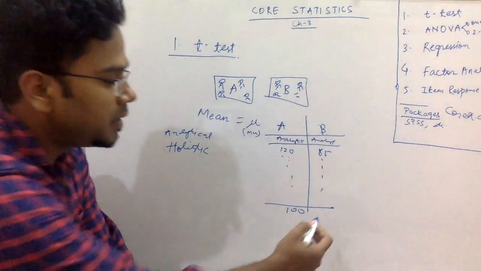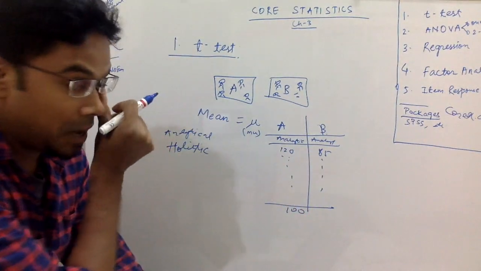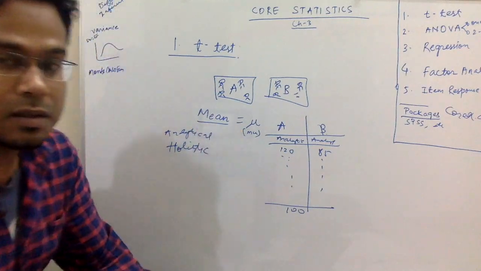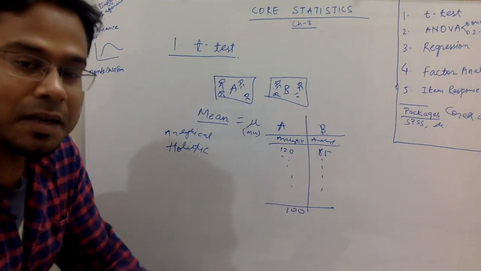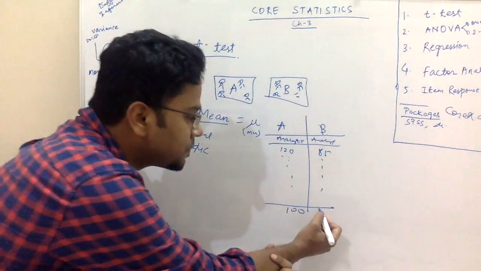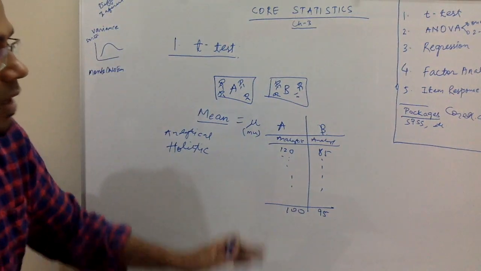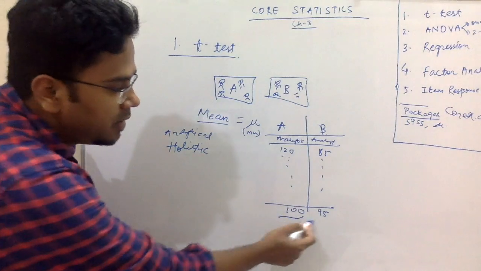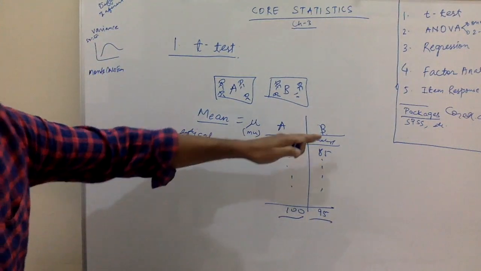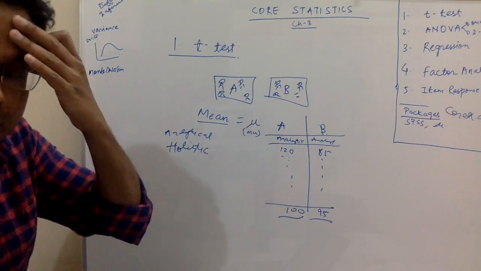But the mean for people in culture B, the mean analytical intelligence, I already explained what it is, you got as, let's say, 95. So can you, just by looking at this data, tell that the people in culture B have lesser analytical intelligence than people in culture A?